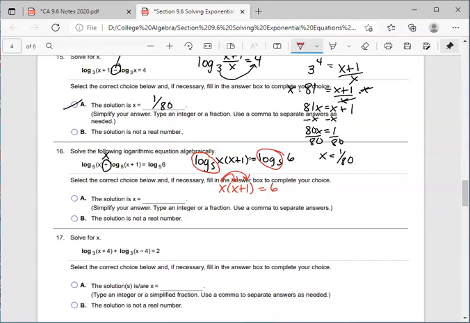So we're going to distribute that x and get x squared plus 1x is equal to 6. This is definitely quadratic. So we could subtract the 6 from both sides and get x squared plus 1x minus 6 is equal to 0.